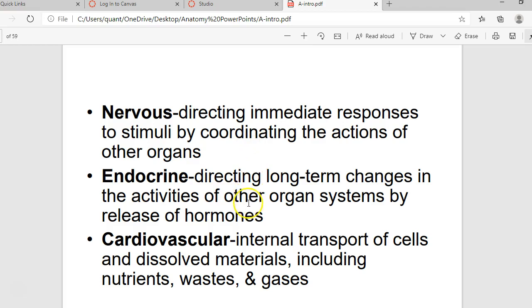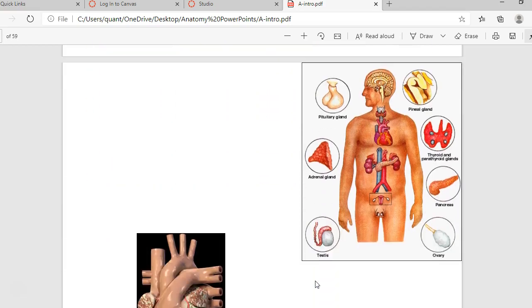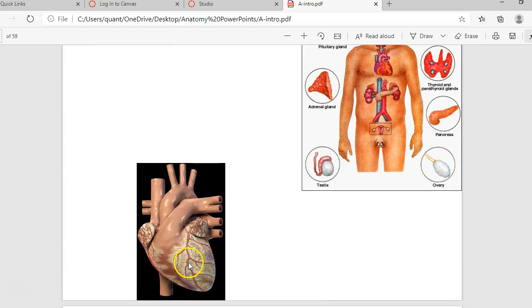Cardiovascular system helps transport cells and dissolved materials, including nutrients, waste, and gases. That's all your blood carries. We'll go over some of the pieces and parts, like just know you've got the pump and the pipe. So basically the heart, the arteries and veins, which we're not making you differentiate here.